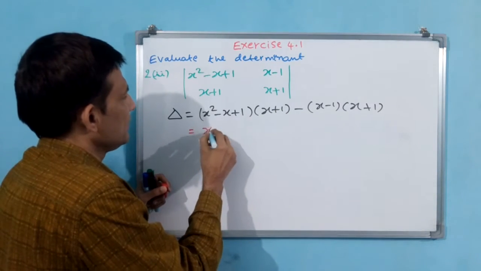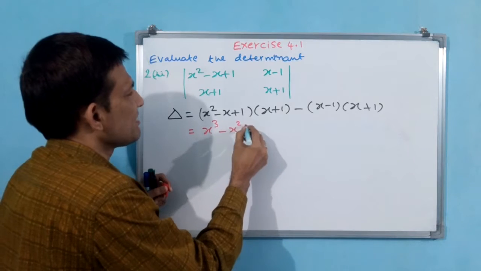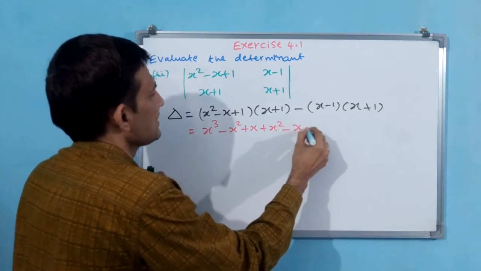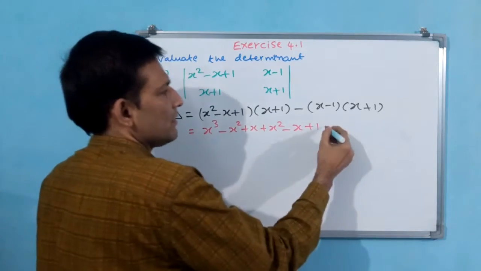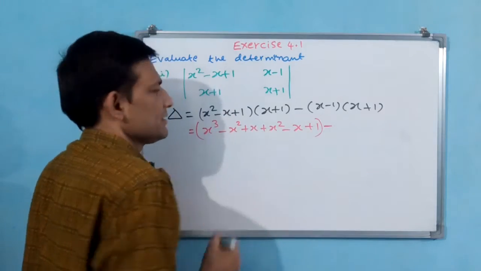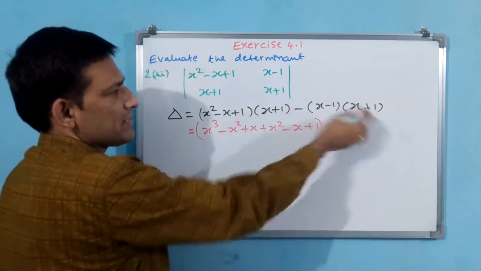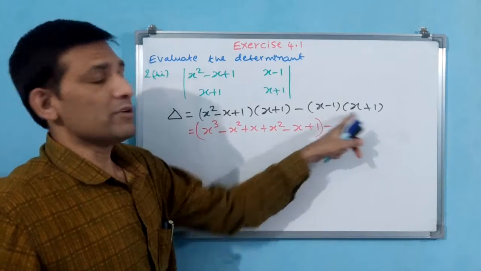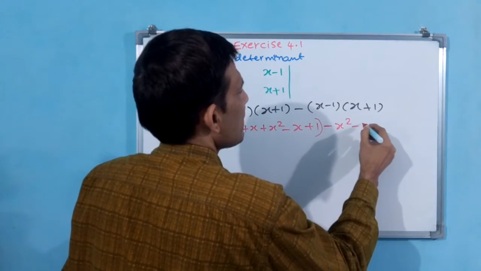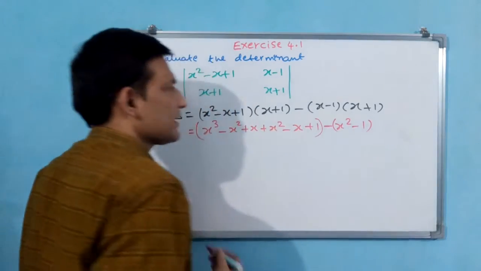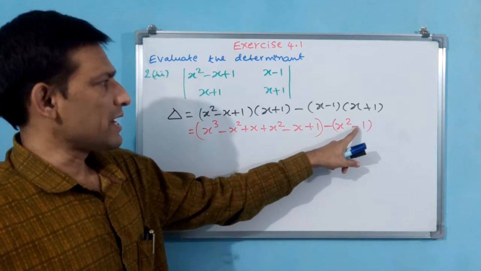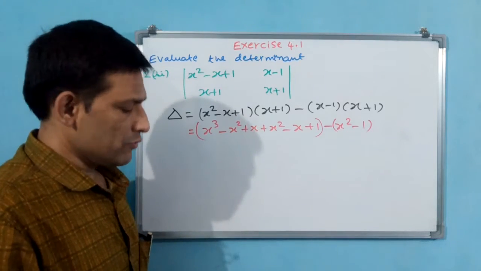Write down x cube minus x square plus x plus 1, means plus x square minus x plus 1, minus, or else you keep this under parenthesis, this side minus that side. You see, a plus b into a minus b, like a square minus b square. Write down a square minus b square, but under parenthesis. If you open the parenthesis, minus is there. This is going to become minus, this is going to become plus. That is why you should be careful.